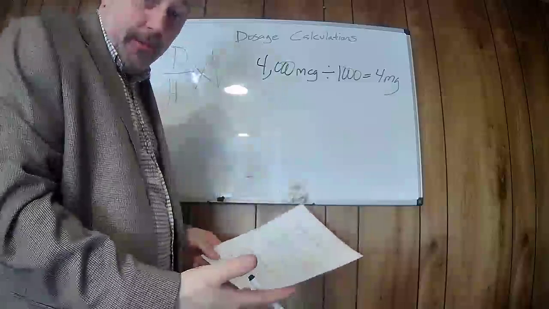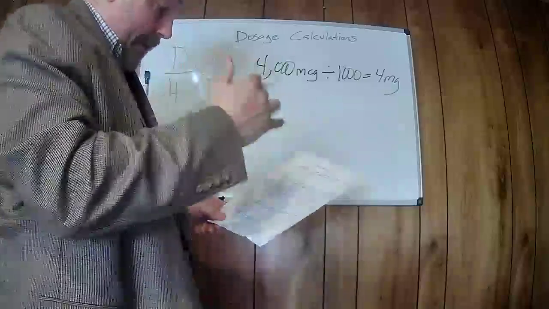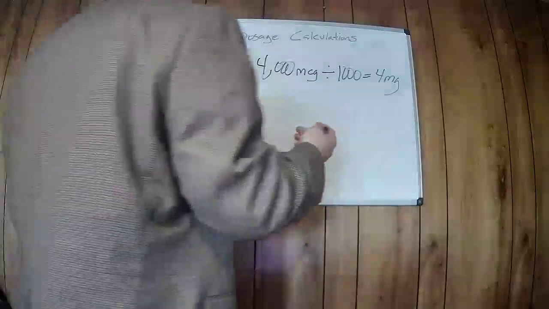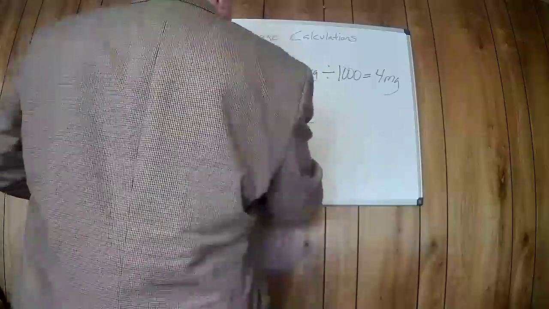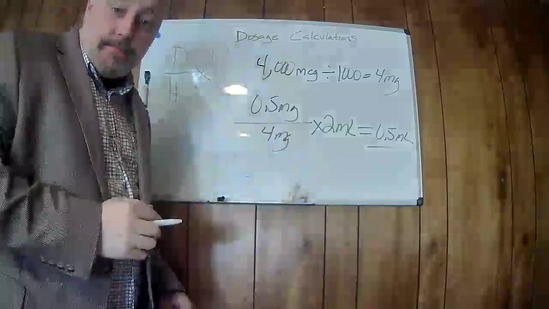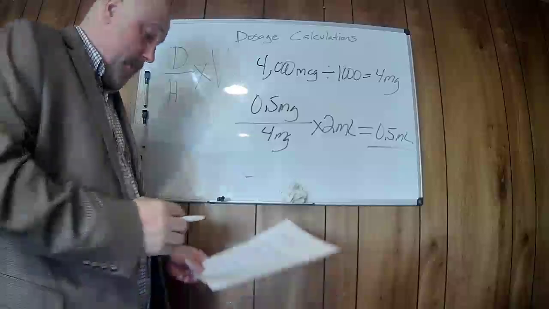Now that we've got our conversion, we have milligrams on top, our desired dose of 0.5 milligrams, with our dose on hand of 4 milligrams in 2 milliliters. And again, our answer is 0.5 milliliters.